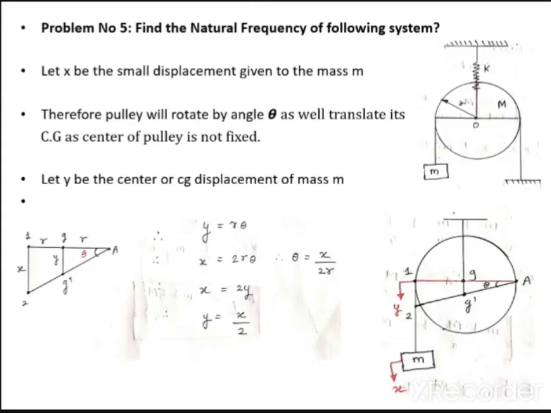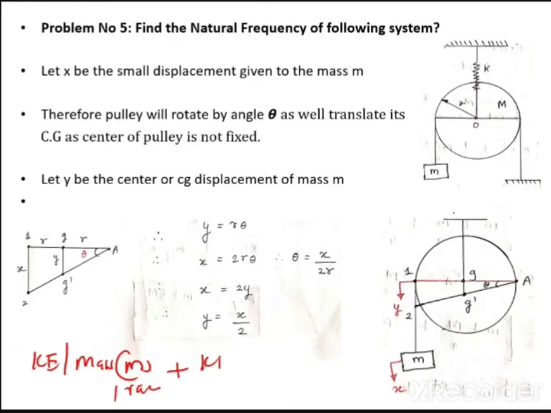So now tell me, according to the energy method, kinetic energy of what? Kinetic energy of mass m. Mass m means this small m. Translational or rotational? Translational.